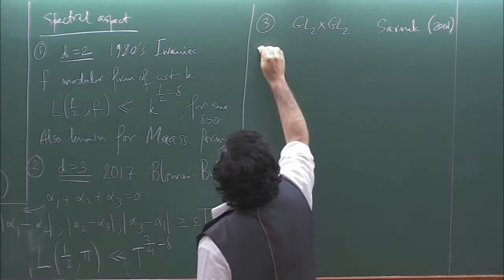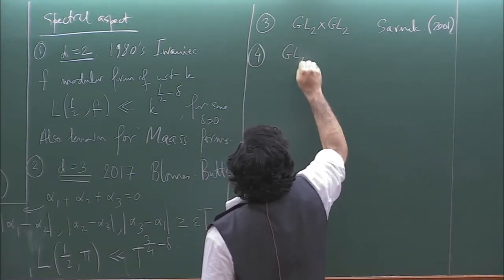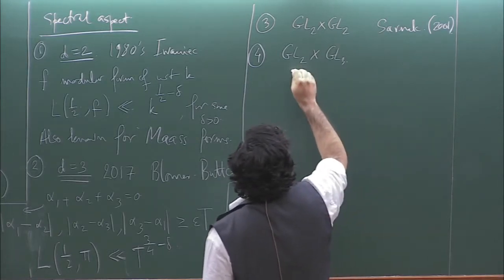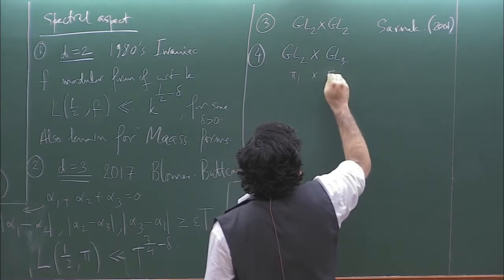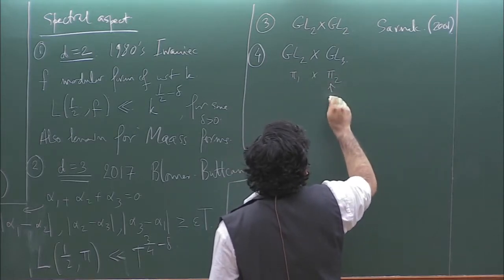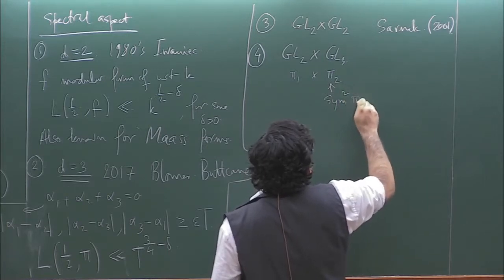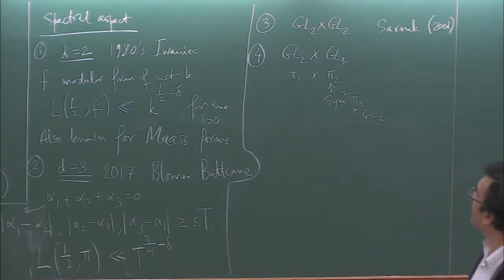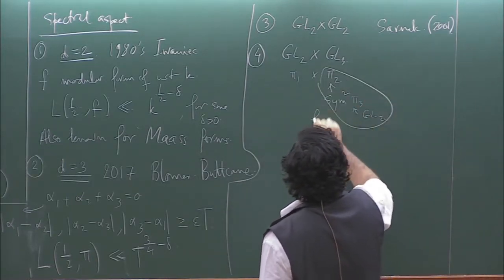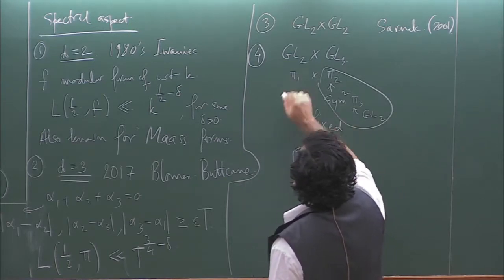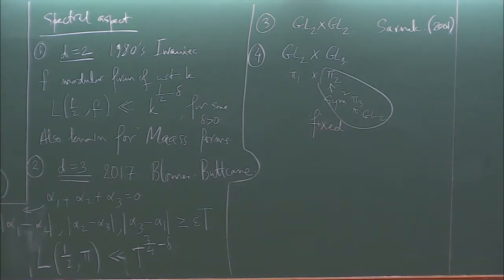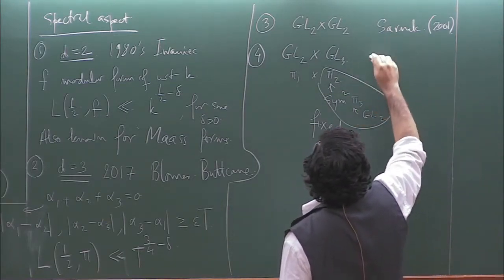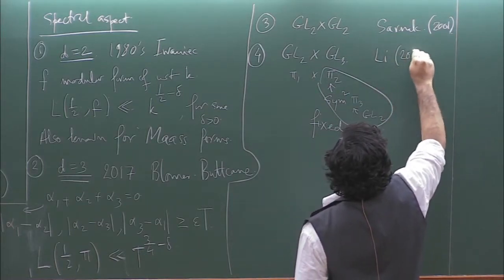And in the case of GL2 cross GL3, where you're taking a GL2 form, say pi 1, cross pi 2, where pi 2 you take as a symmetric square of a pi 3, where pi 3 is GL2, and you fix the pi 2 part. Okay, so this is fixed. And you take the spectral parameter of the pi 1, the GL2 part, to infinity, then the subconvexity is known, and that's due to Shaoqing Li from 2010.